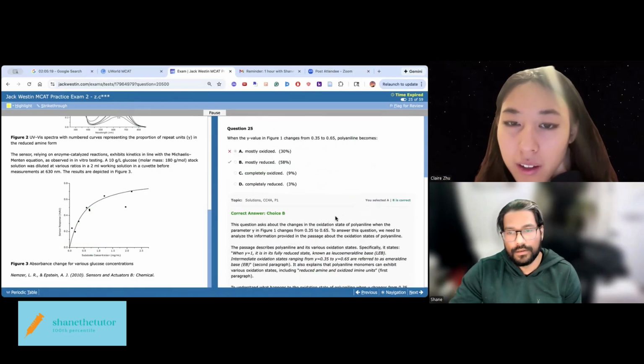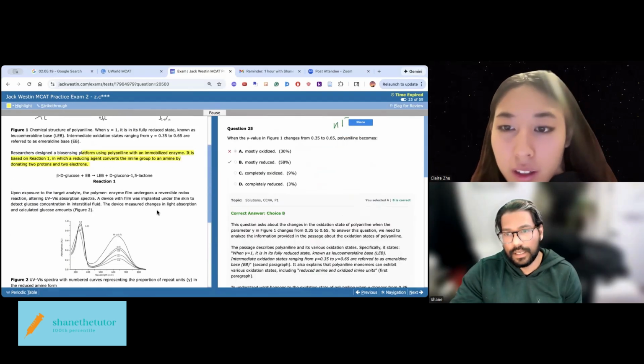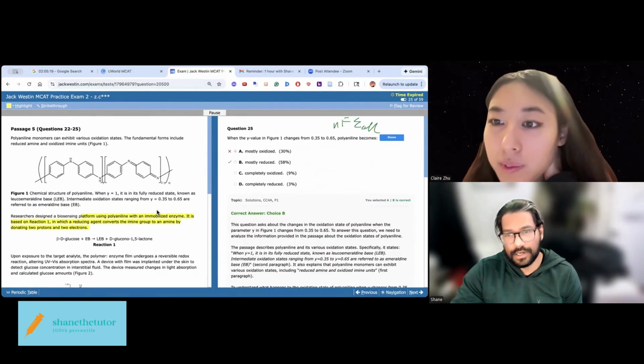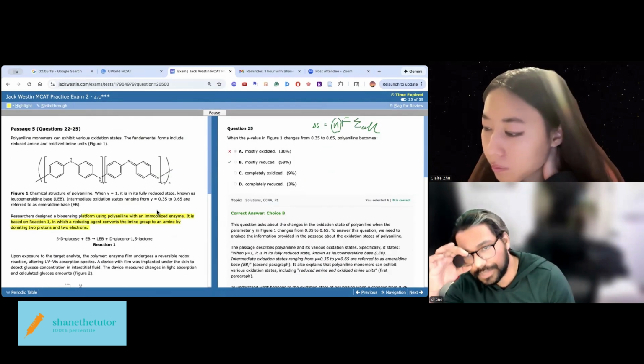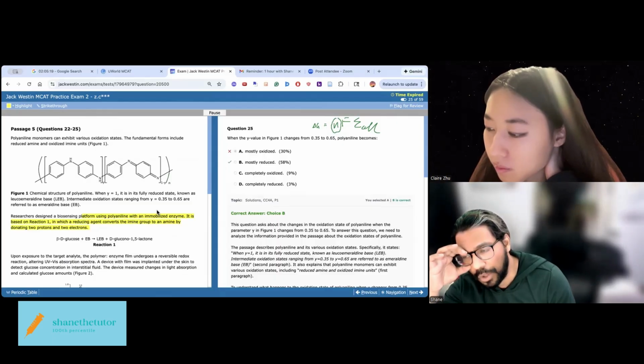And then the Y value in figure 1 changes. Oh, is that the Nernst equation? Yep. So this little n value, or I guess symbol, stands for moles of electrons, right?